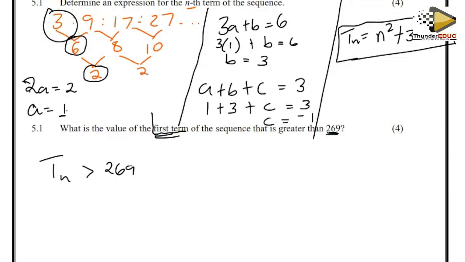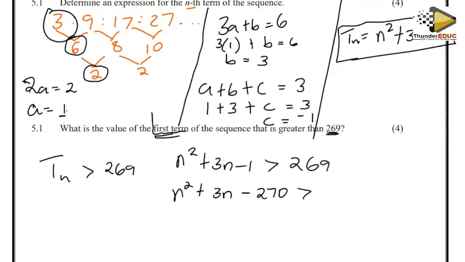So I'll say n squared plus 3n minus 1 is greater than 269. I can transpose that to my left. I'll have n squared plus 3n minus 270 is greater than 0.